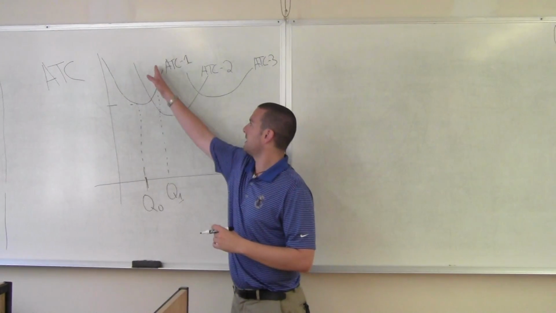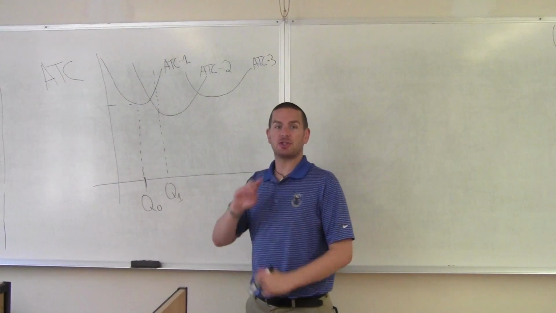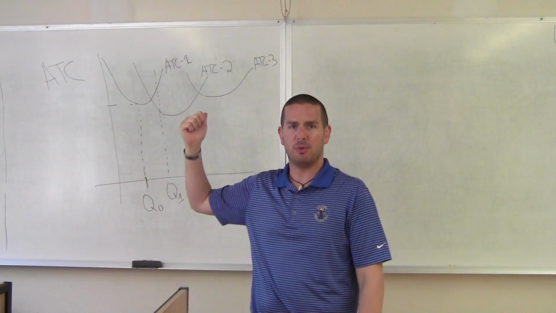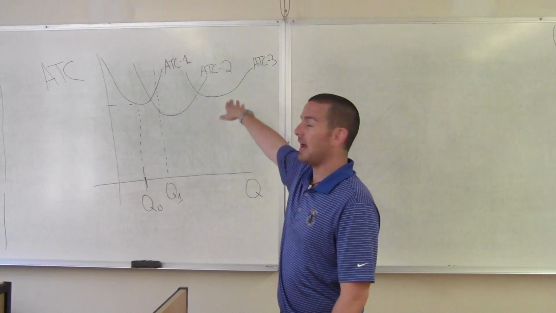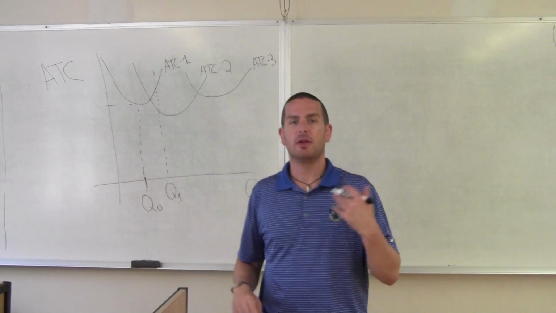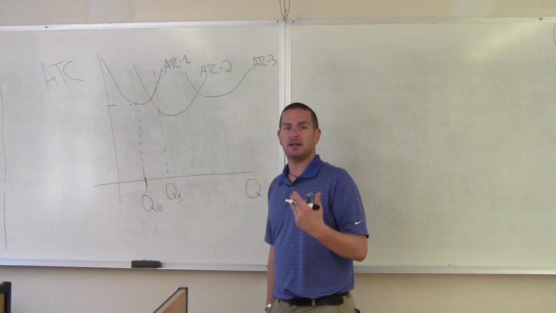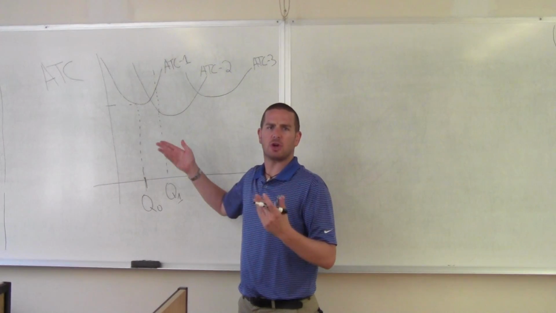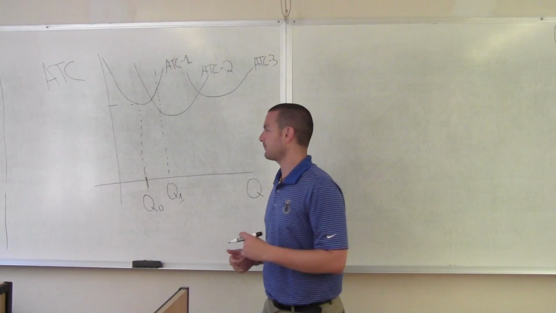This quantity intersects 2 of the average total cost curves I've drawn on the board. The 3 at the top are still the short run average total cost curves. What we want to do is see which one is cheaper. You always want your costs to be lower.